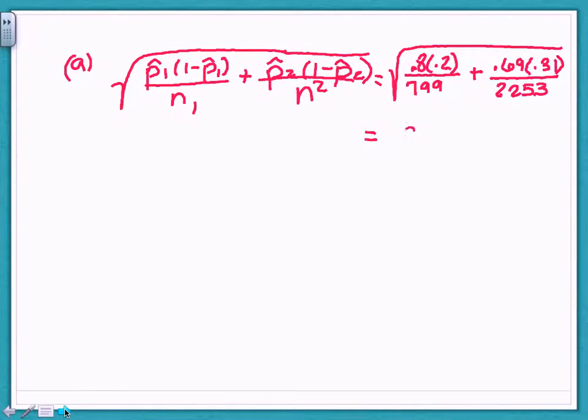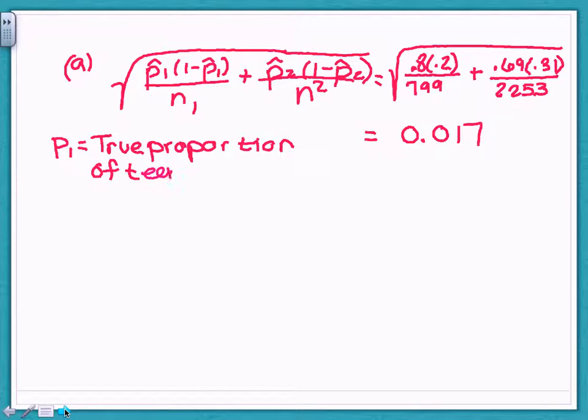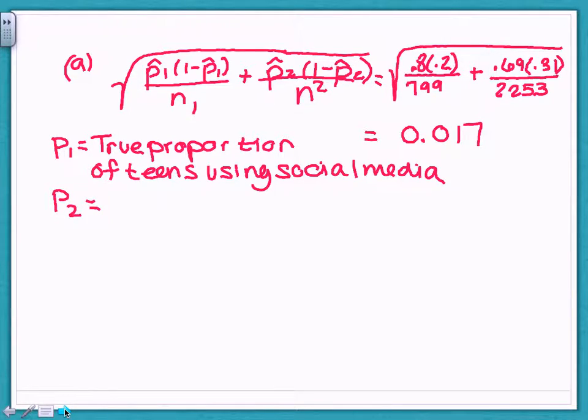That's going to give you a standard error of 0.017, where your P1 was the true proportion of teens who use social media, and your P2 would be adults using social media.